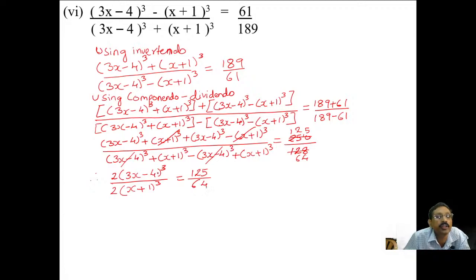Now here if you see, what can be done over here? Can I cancel this? 2 and 2 cancel. Therefore, what do I get?